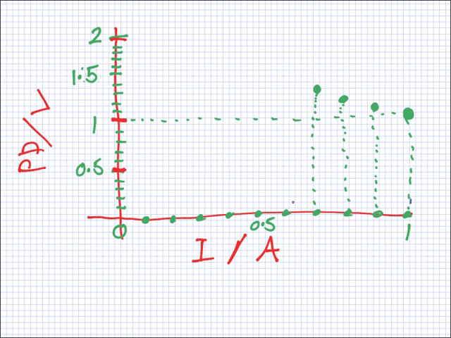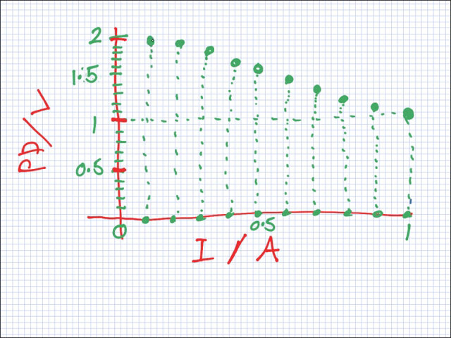Okay, next. 0.6. 1.4. I see a pattern here. The next one 1.5 by any chance? Yeah. Okay. 1.6? 1.7, 1.8, 1.9. Okay.